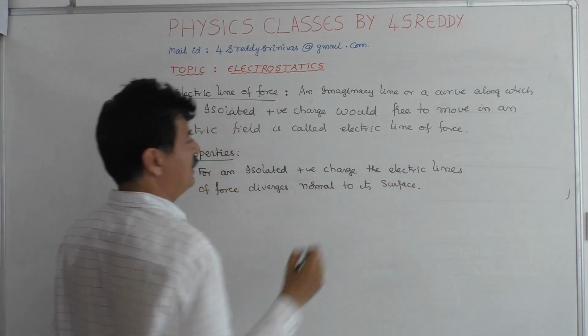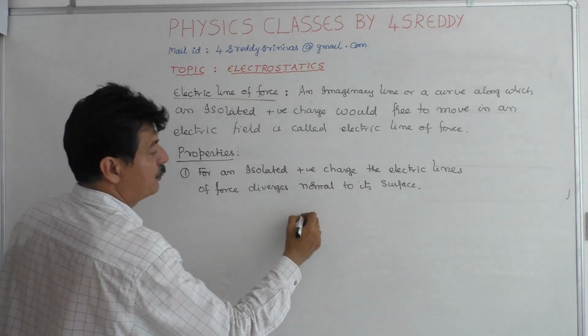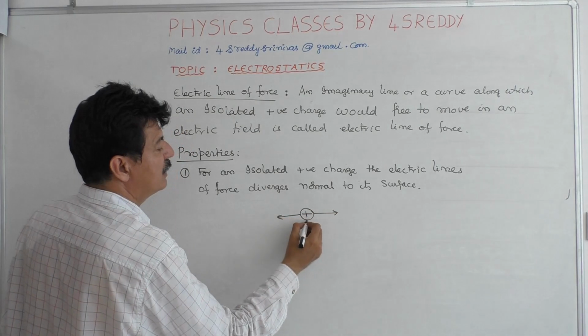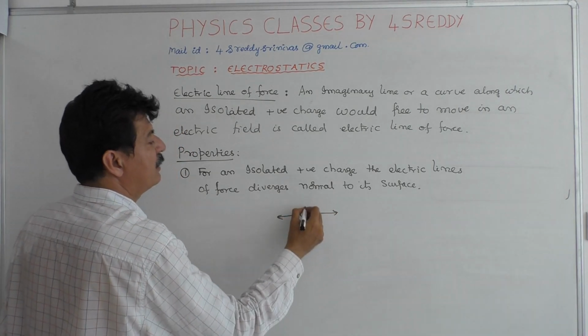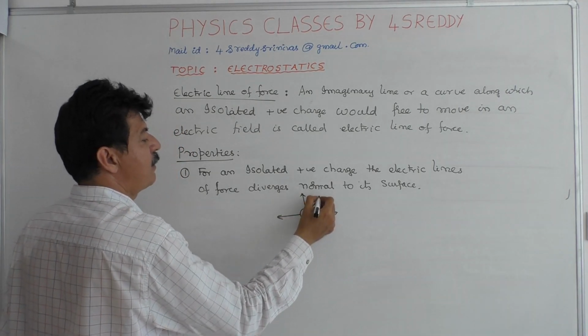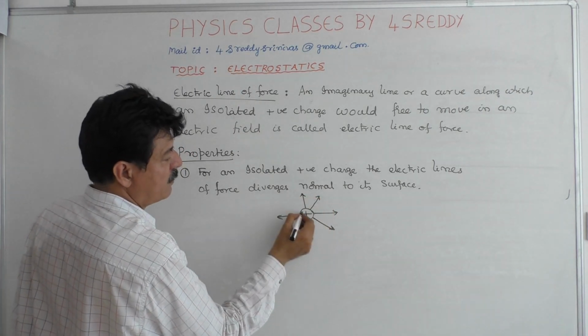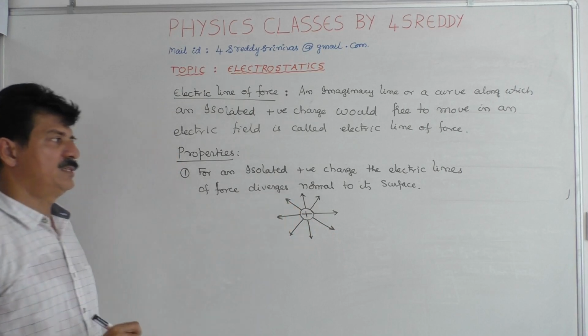Suppose this is a positive charge, then all the lines of force diverge normal to the surface.